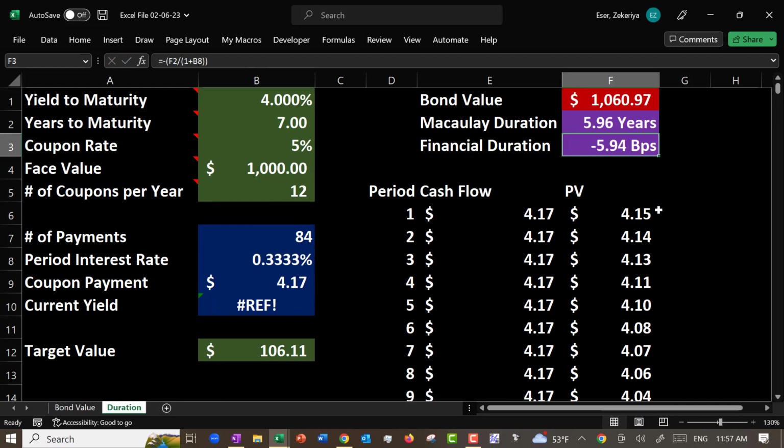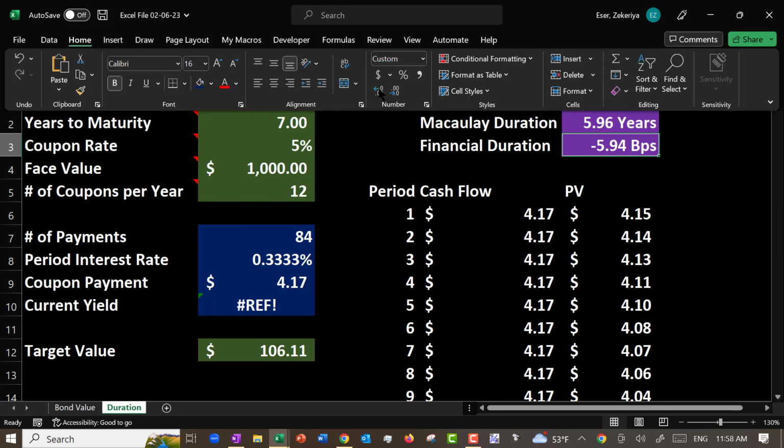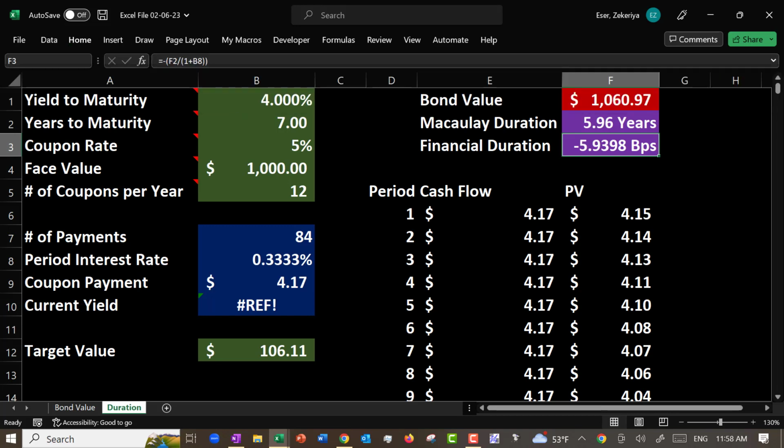That's pretty much the same number. And I'm going to actually copy the format of this and put it here.